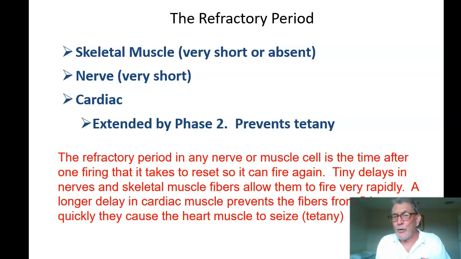But in the heart, you never want your heart to tetanize and just squeeze. You would die. So instead, you beat, and that plateau phase stretches it out before you reset and can go again. Phase 2 is not only bringing calcium in so that you can beat stronger, but it's delaying the reset of the muscle so that you can't fire again quite as quickly.